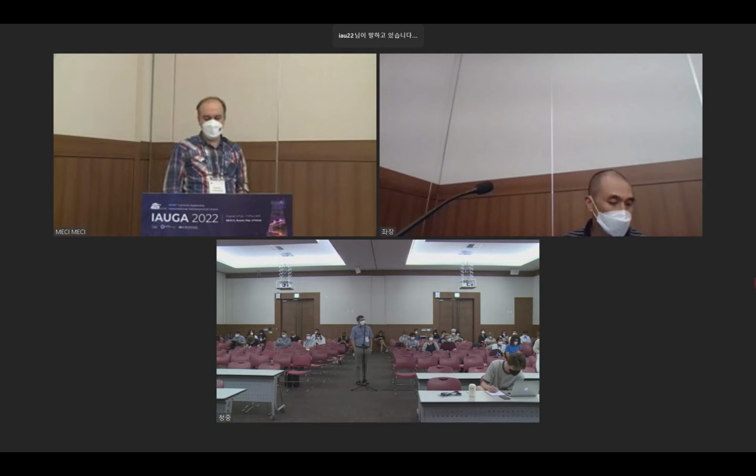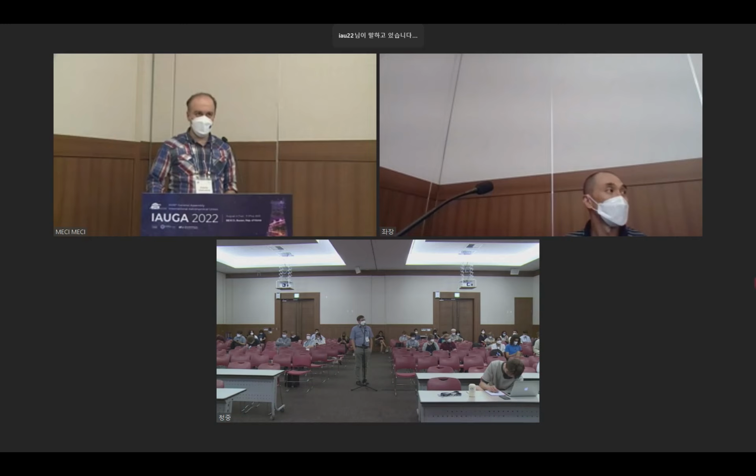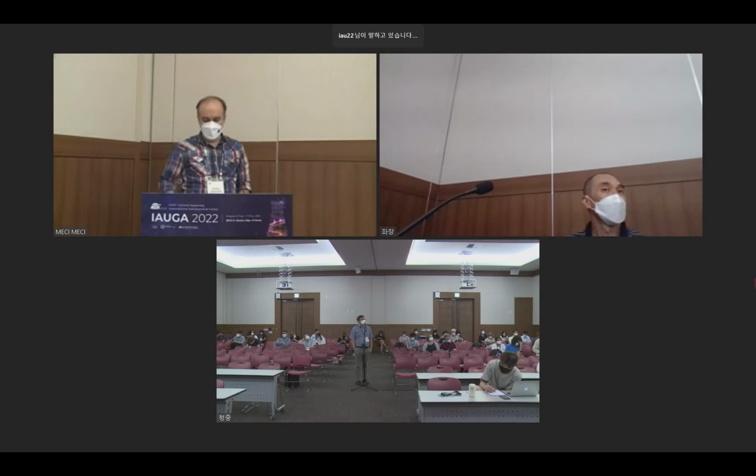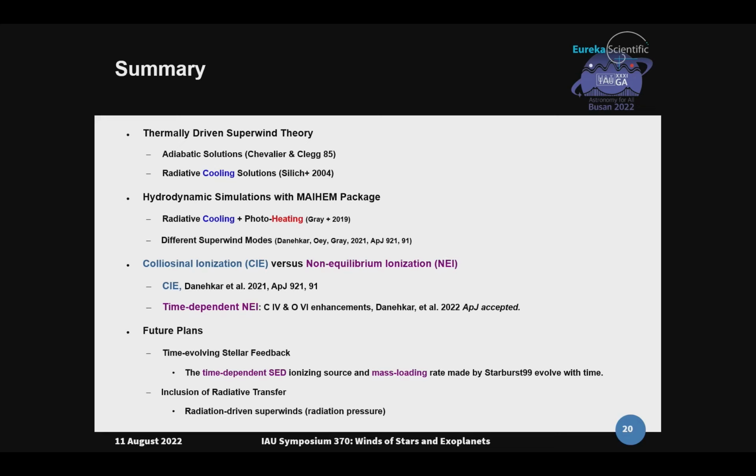Yeah, it's a very good question. We considered comparing with observation, because this work is one published in ApJ last year, and the non-equilibrium one was just accepted a few weeks ago and will be published soon. For that, in UV observation, they are integrated over the whole galaxy, so currently we don't have much spatially resolved UV data.